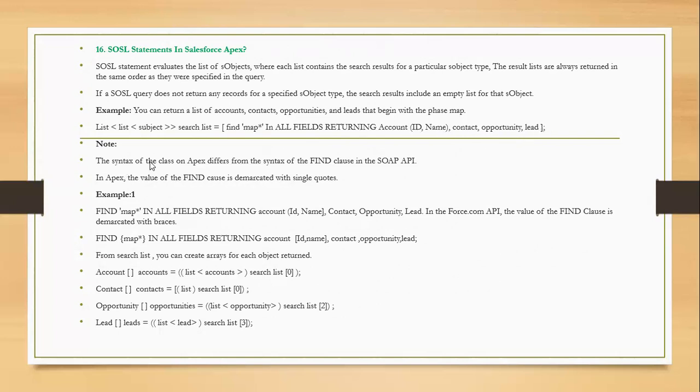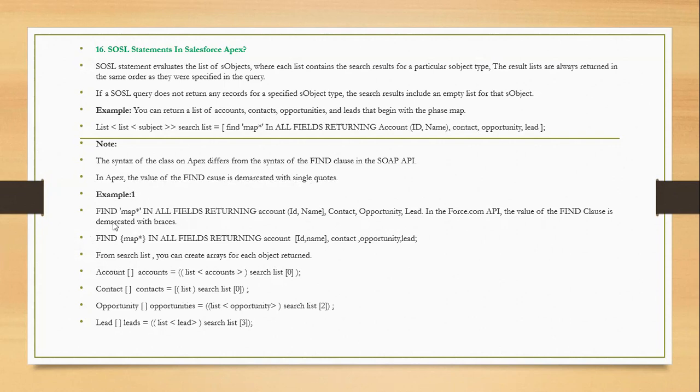Note that the syntax of the FIND clause in Apex differs from the syntax of the FIND clause in the SOAP API. In Apex, the value of the FIND clause is demarcated with single quotes.